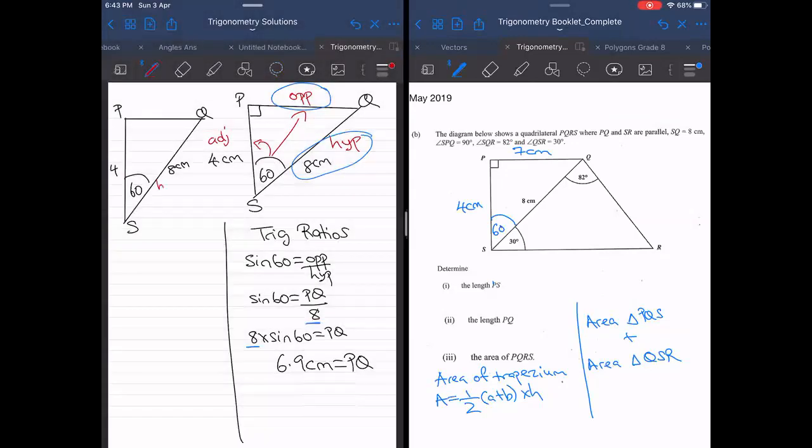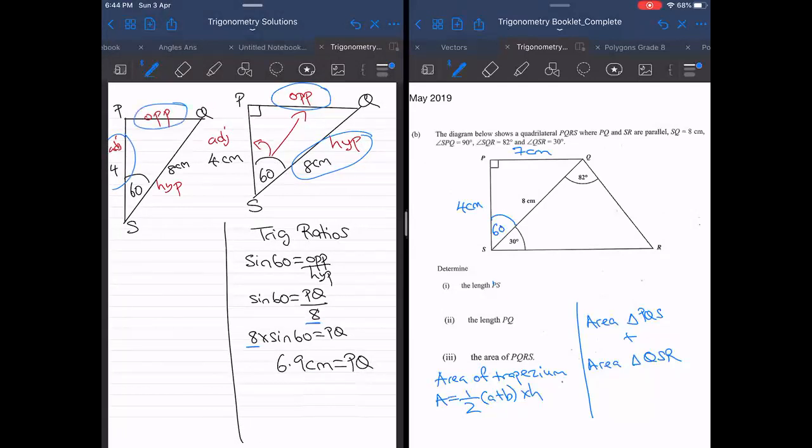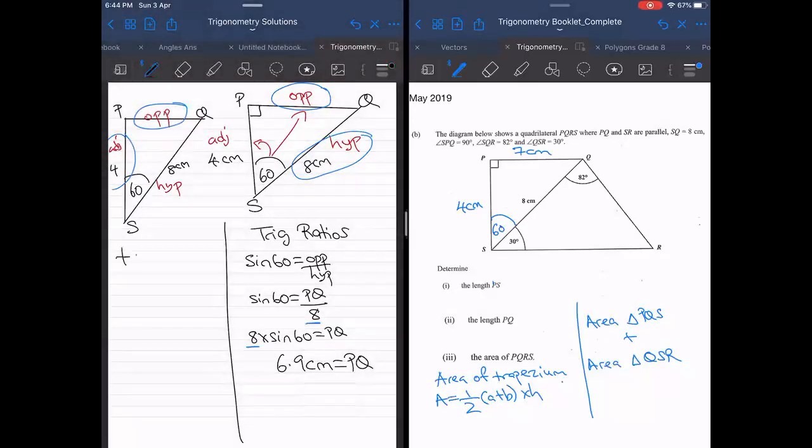We have the same thing about the hypotenuse, adjacent, the opposite. But suppose instead you wanted to use the adjacent and the opposite. I'm saying instead use tan. So you would say tan 60 is the opposite over the adjacent. So we'd say that tan 60 is PQ over 4.